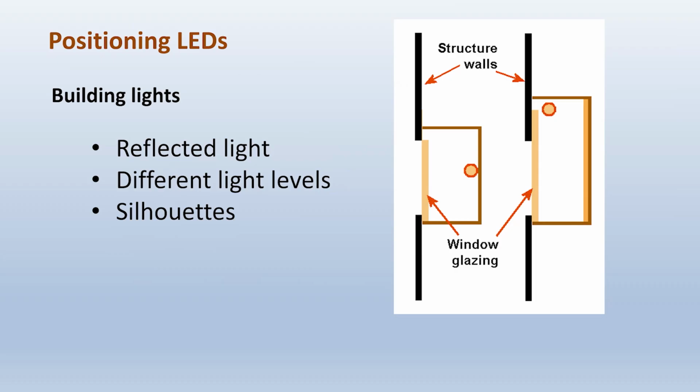Again, where would you position an LED inside a building? Once more, it depends on whether you want to see the contents of the building or not. I've got two different examples there. The one on the left is where you glaze the window to be opaque, so you only see the results of a glow from that window.